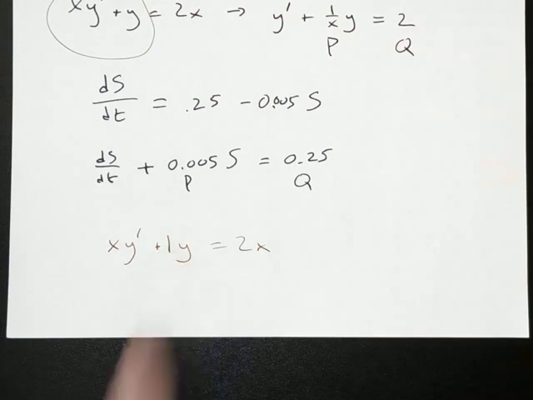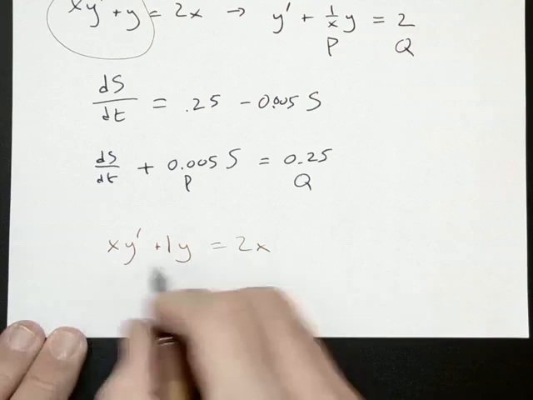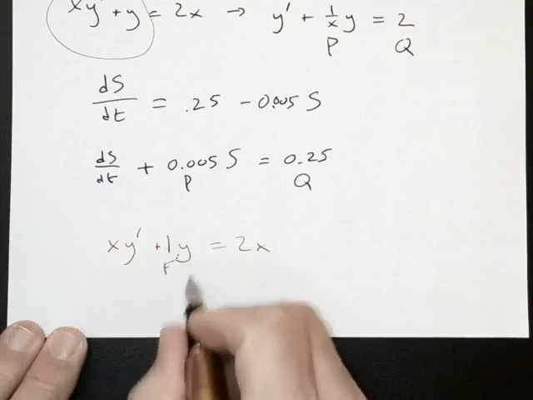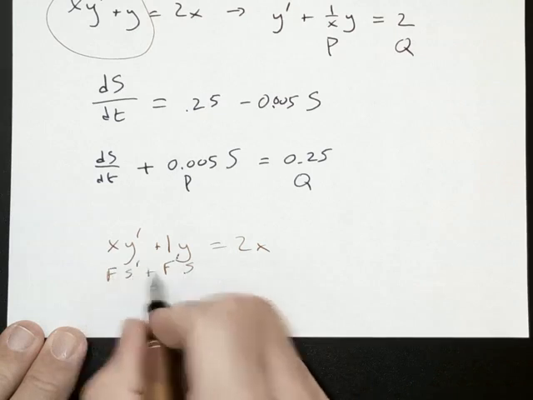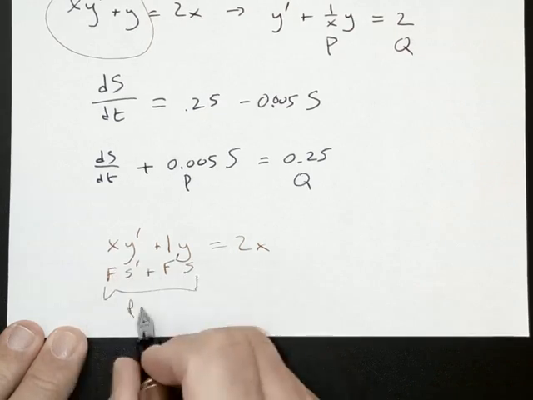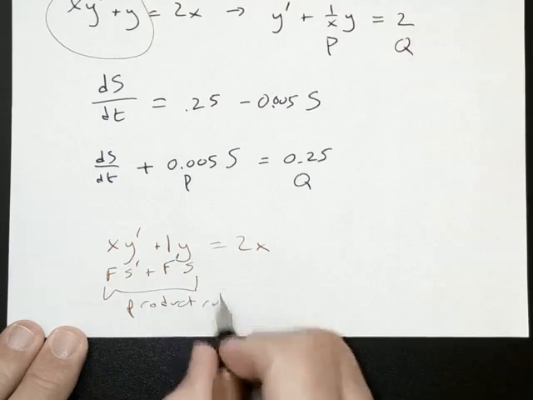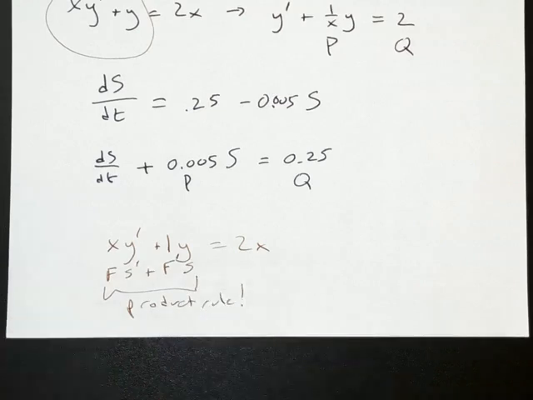That makes this left-hand side the result of doing the product rule. Derivative of the first times the second, plus first times the derivative of the second, that's the product rule.